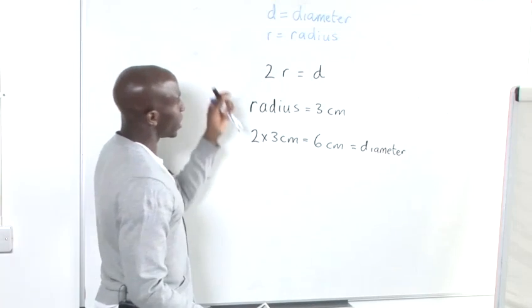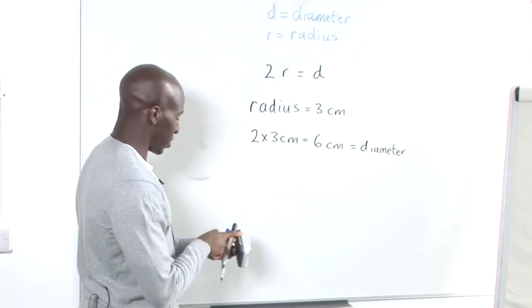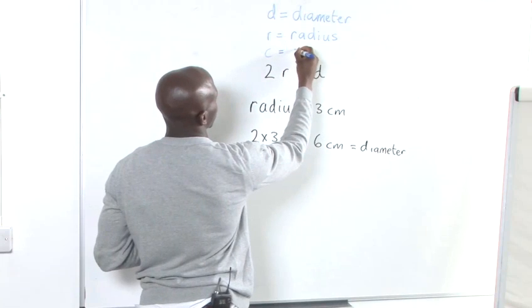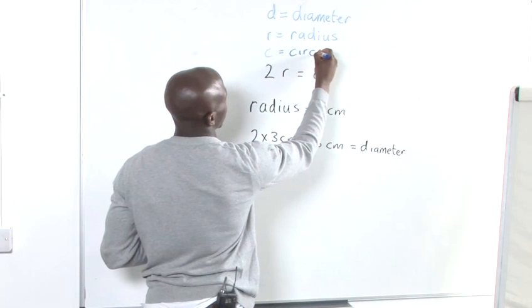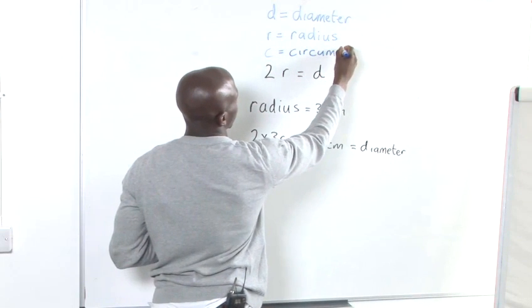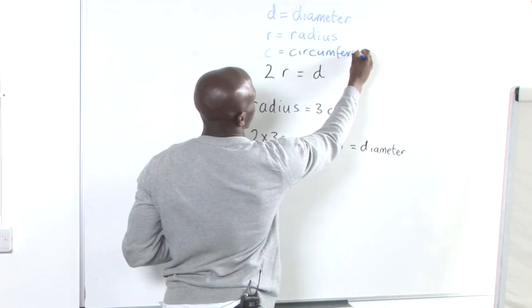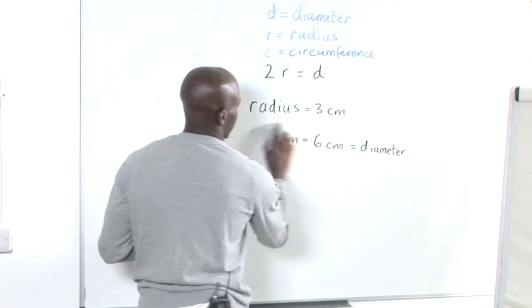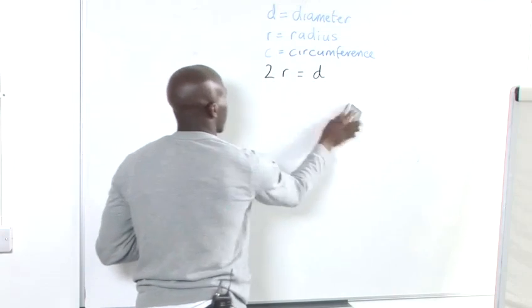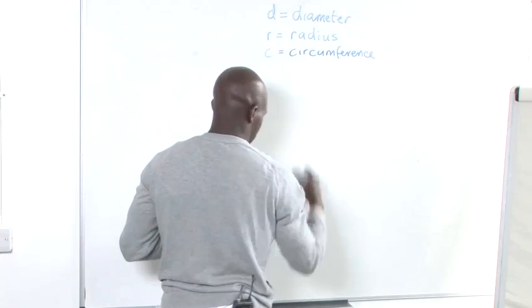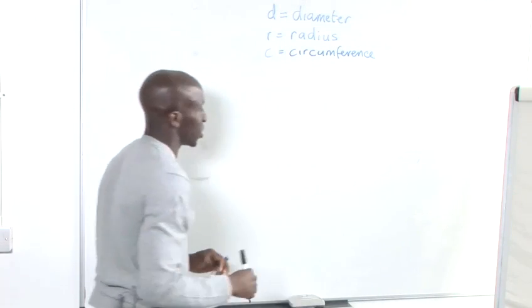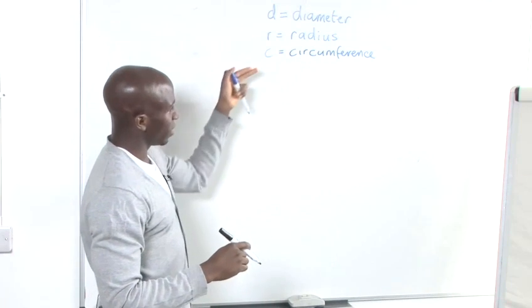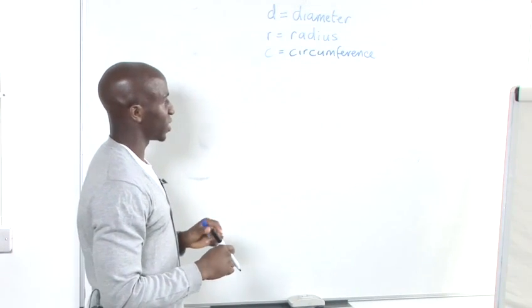Now, we're going to look at our circumference. So C equals circumference. So our circumference now is, again, the perimeter of the circle.